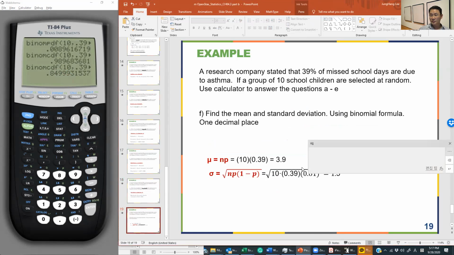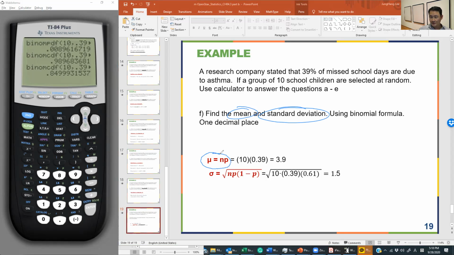And for the final question here, this is relatively easy. Find the mean and the standard deviation. The mean, we know, is n times p. The standard deviation is the square root of n times p times q, or 1 minus p, same thing. Q and 1 minus p are the same thing, remember? Let me show you.